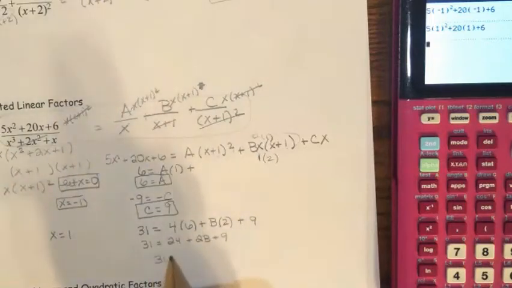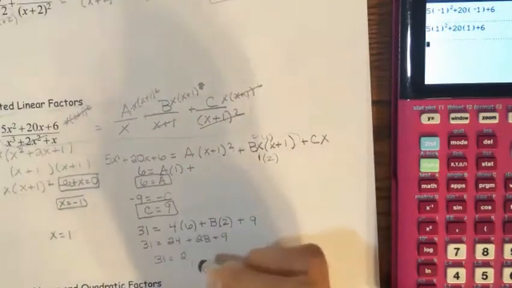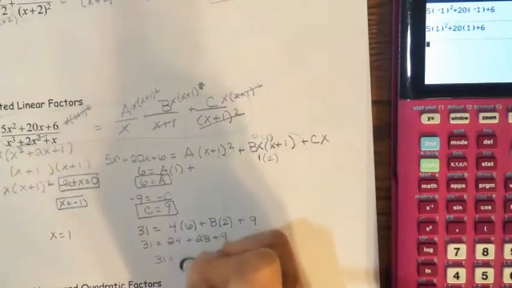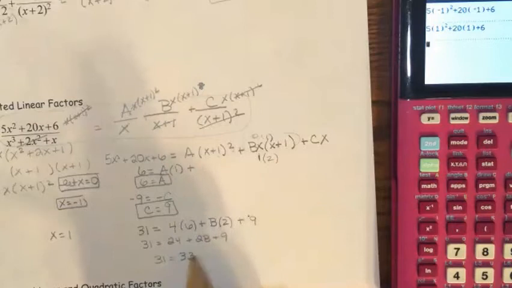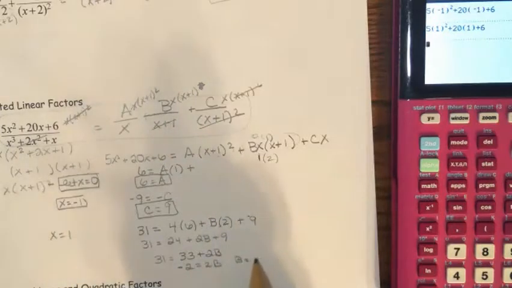So 31 equals, oops, 24 plus 9 is 33 plus 2b. Subtract the 33 and I get negative 2 equals 2b. So b is negative 1.